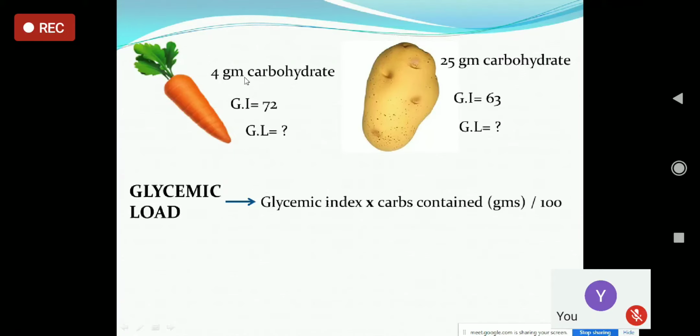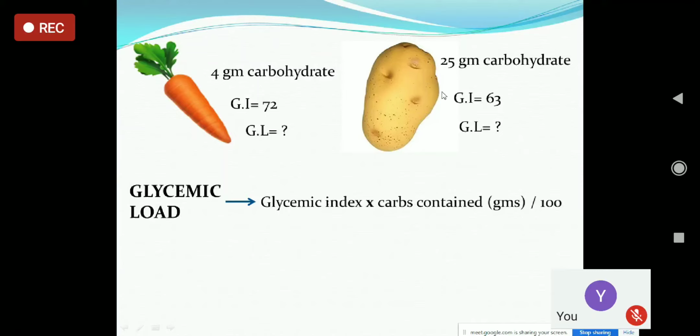This means that even though the sugar enters the bloodstream quickly, as the sugar is very low in amount, the overall effect of carrots on blood glucose is minimum, compared to this average size potato whose carbohydrate content is 25 gram.